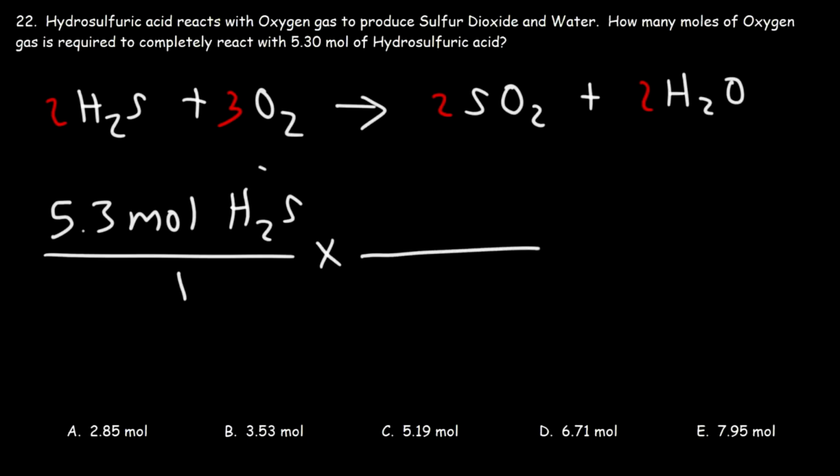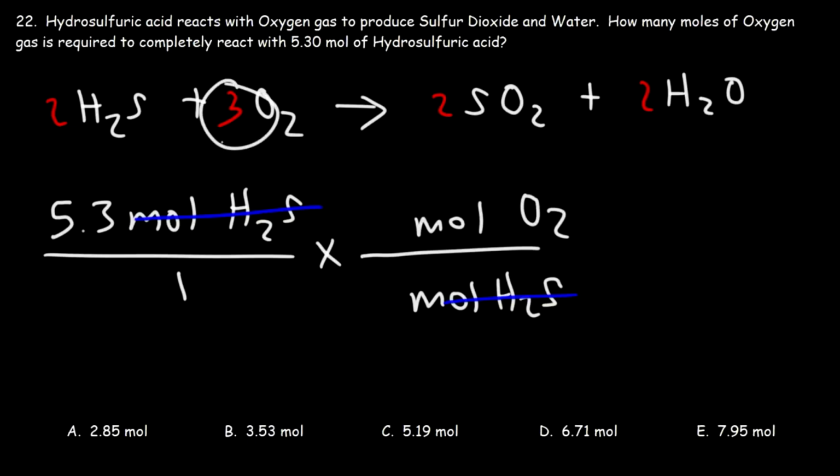Now, because we have the moles of H2S on the top left, we need to put it on the bottom right of the next fraction. We want these 2 units to cancel. So therefore, the moles of O2 has to go on top. And then just put the number associated with it. There's a 3 in front of O2 and a 2 in front of H2S.